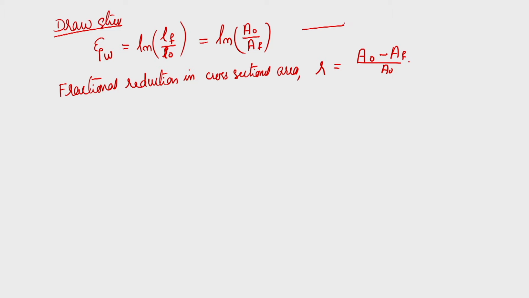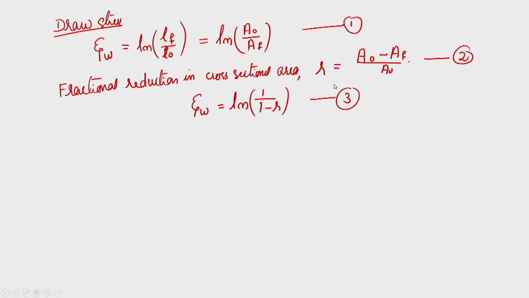This is equation number 1, this is equation number 2. From this we can directly correlate between the strain and the fractional reduction: epsilon w is equal to log 1 by 1 minus R. So, in terms of fractional reduction in area we can write it.